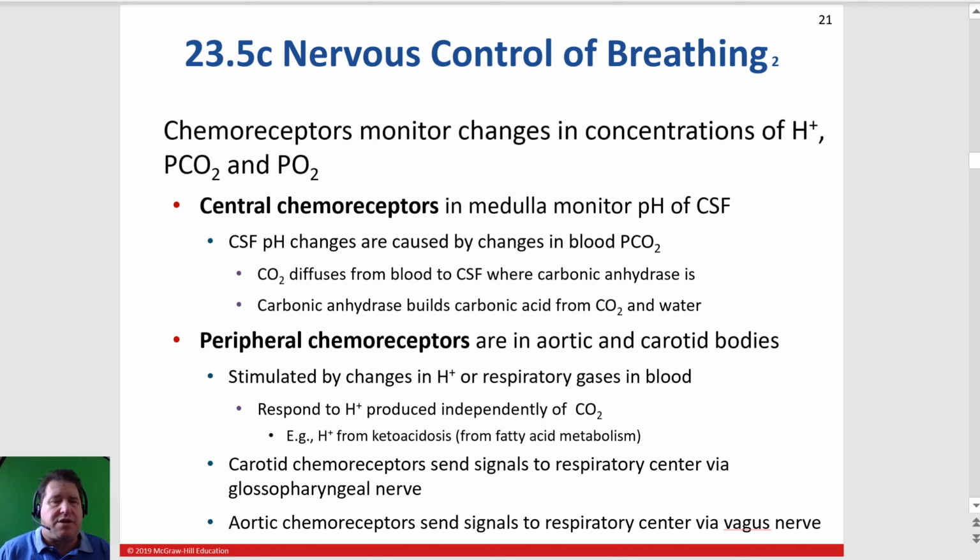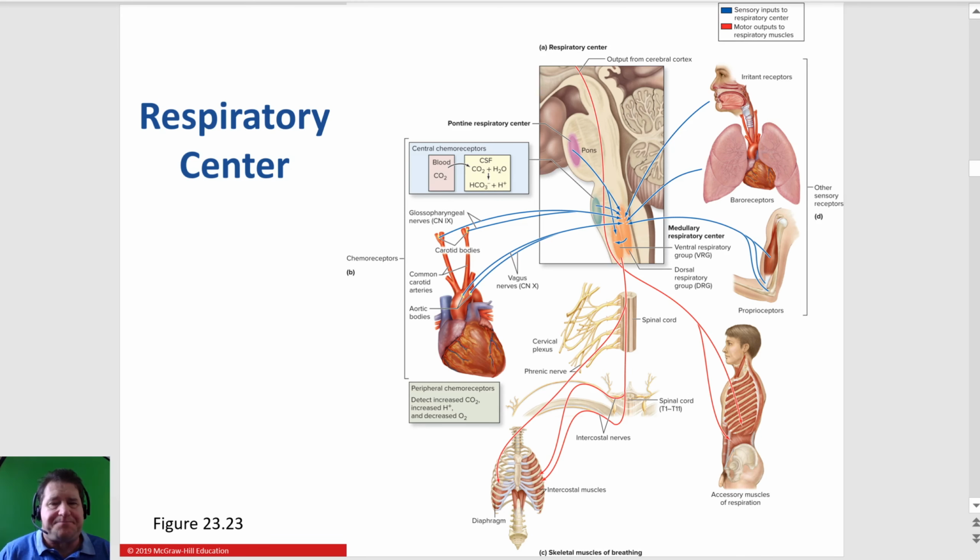I'll show you that in a minute. And then the peripheral chemoreceptors, again, they look for H plus pH changes. So looking here at the respiratory center, checking out the cerebrospinal fluid for carbon dioxide levels, checking out carotid bodies for acidity, blood pH levels.